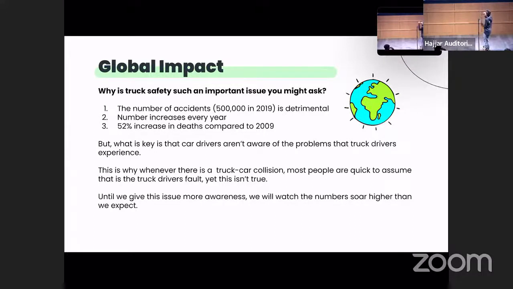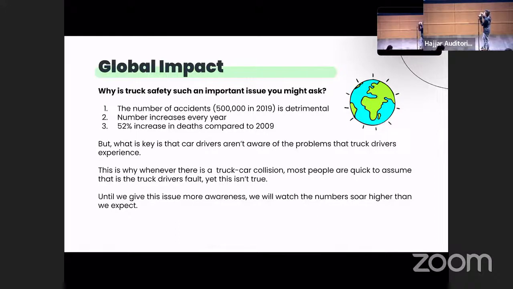By the statistics, almost 500,000 people are in some sort of accident every year, and this was in 2019. It's detrimental because trucks are a lot heavier, so they create a bigger impact, and this number increases every year.